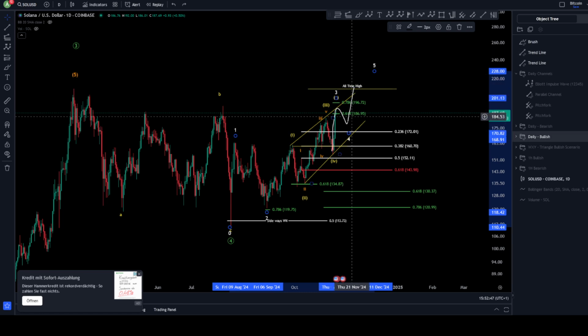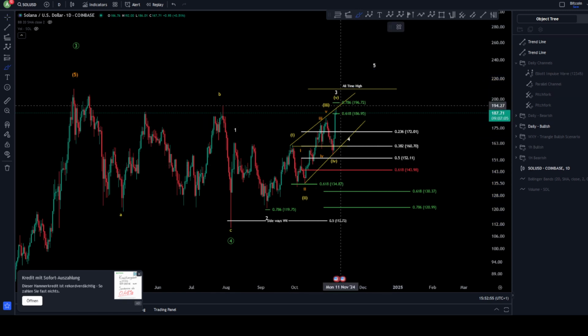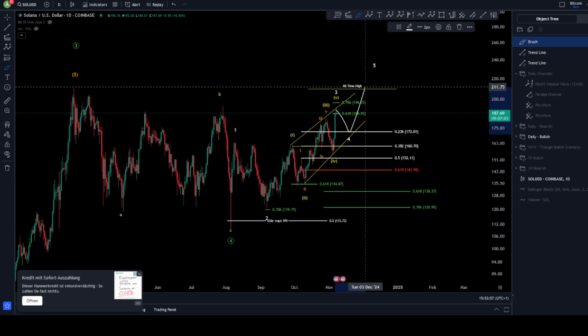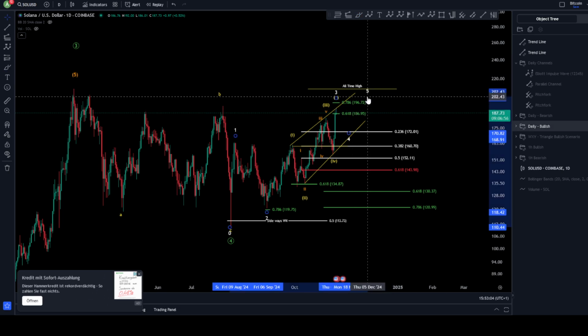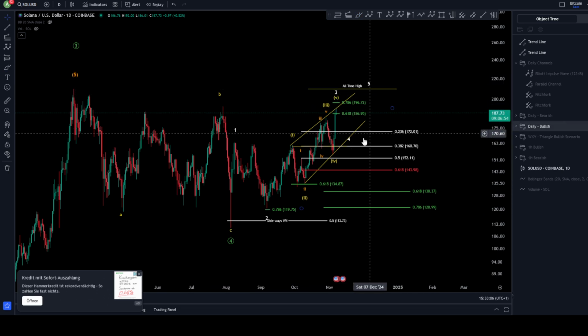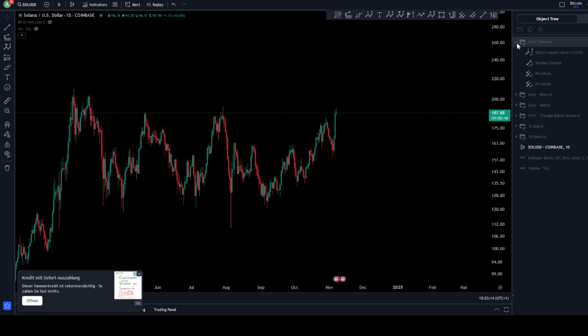If it ends up less, therefore this was your 4-5 for the white scenario, and that might finish here, or maybe if we get higher even than the all-time high, right, guys? It's not really clear yet. So let's dive deeper, guys, and see what's going on inside it. Maybe it gives us some hints about what's going to happen.